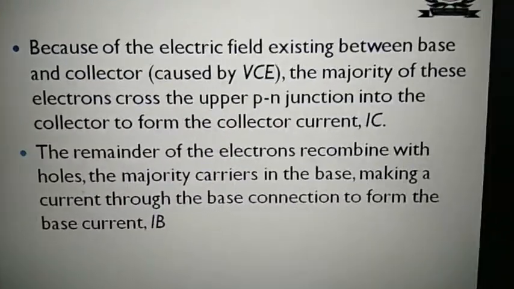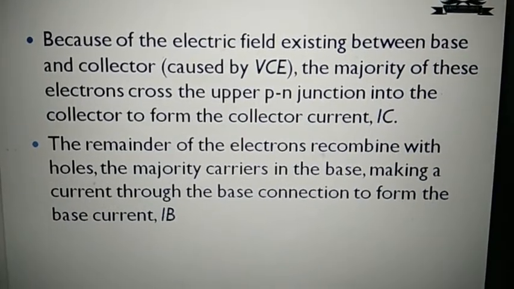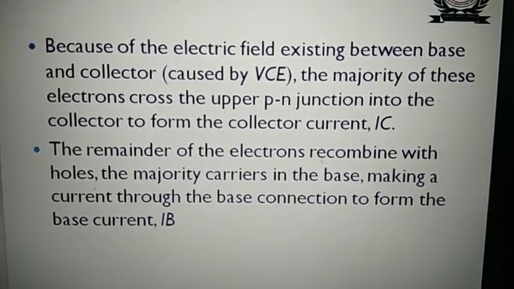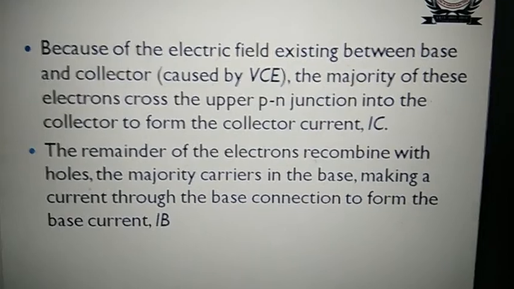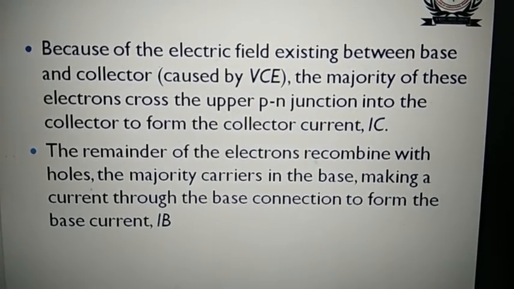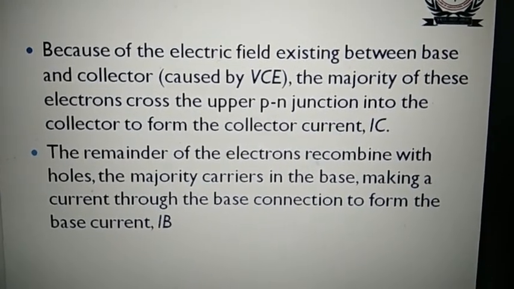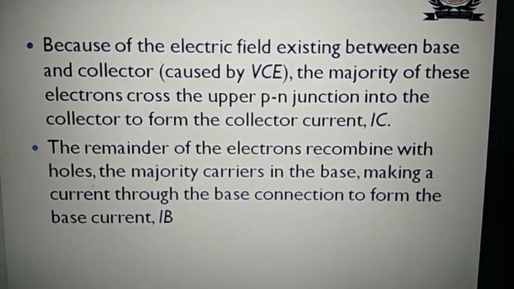Because of the electric field existing between base and collector caused by VCE, the majority of these electrons cross the upper PN junction into the collector to form the collector current IC, that I have already told you.